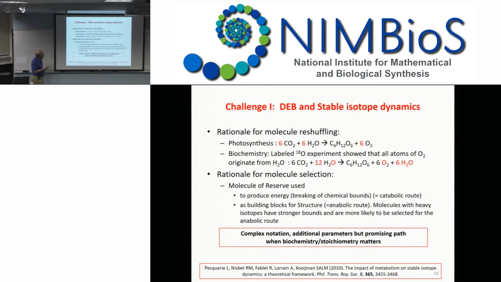In fact, labeled experiments show that all the atoms of O2 actually come from water. So we actually have to write down the macrochemical equation not in its simplest form, but in a way that takes account of the fact that we know some biochemistry, or some people know some biochemistry.